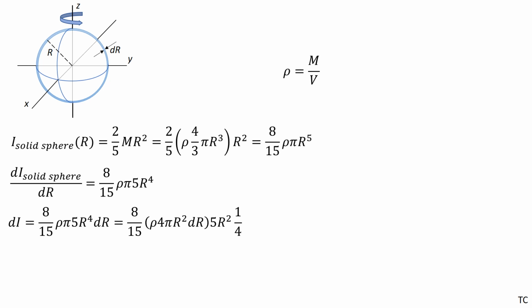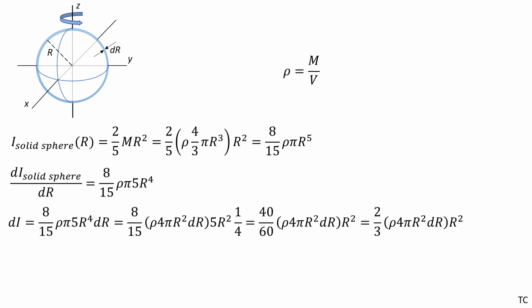So that term there is going to end up being our volume of the spherical shell, and that's coming from 4 pi r squared being the surface area of the shell, and then dr is its thickness. So just combining some coefficients together, we can end up with the expression of 2/3 rho 4 pi r squared dr times r squared.